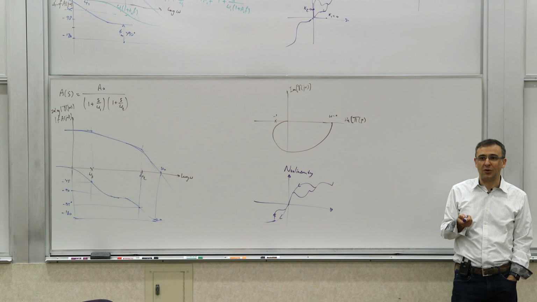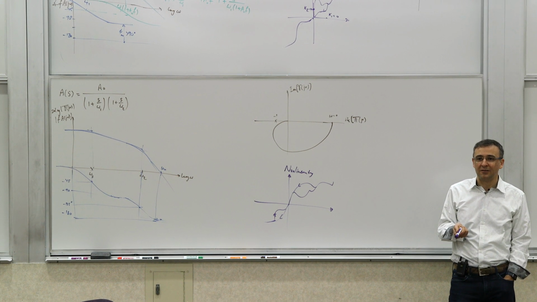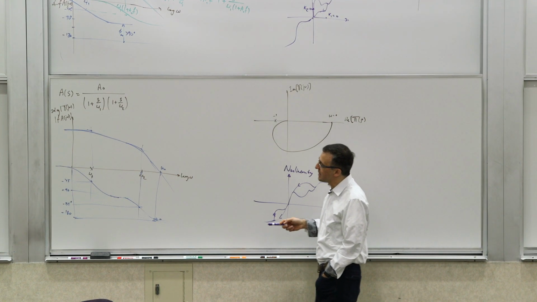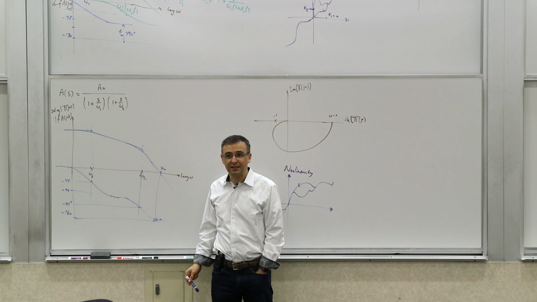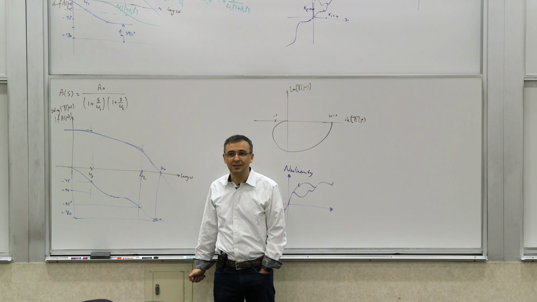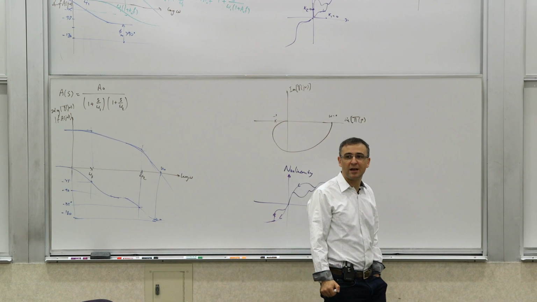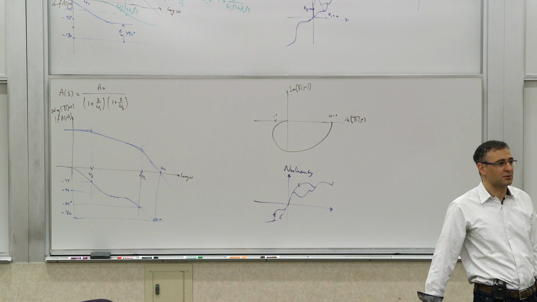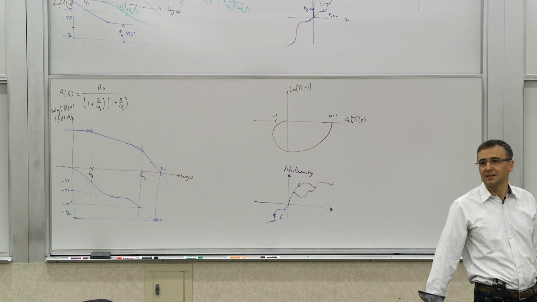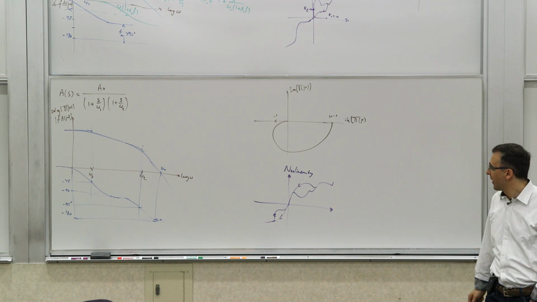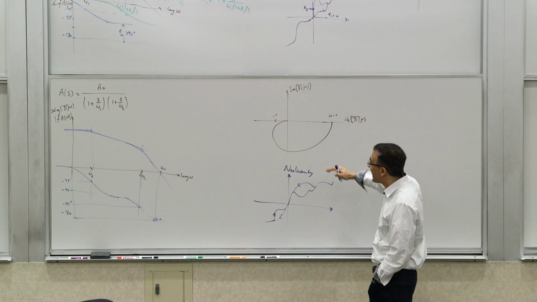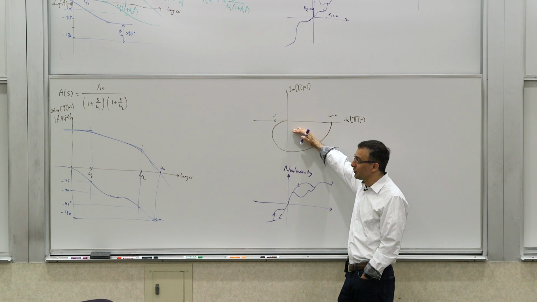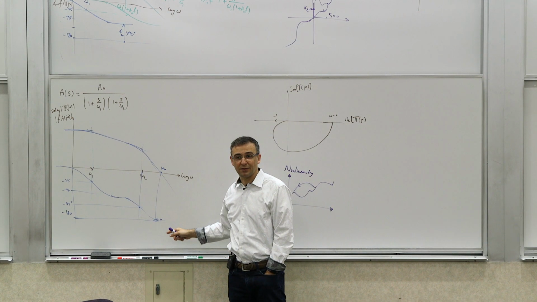And in your problem set, you actually saw a case where you have a phase that never reaches 180, right? But with the right kind of nonlinearity, it's possible for it to oscillate. So when we say it's stable, we really mean the phase margin in that case is positive, if you think about it.